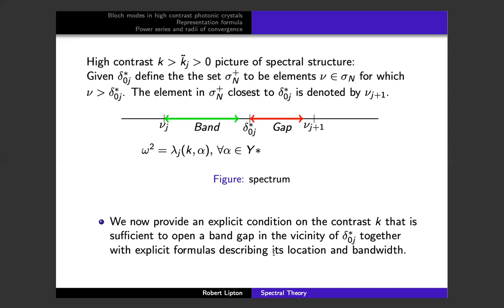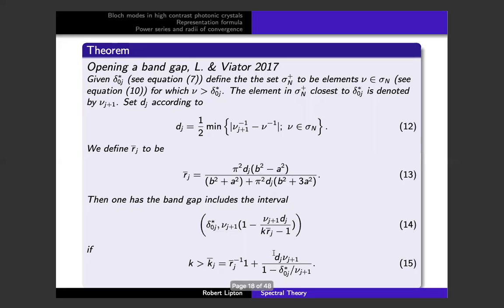Now I'm going to unpack it and show you with a k tilde. What is the k tilde? How big do you have to be in order to have this nice band and band gap? Okay, so the answer is here.